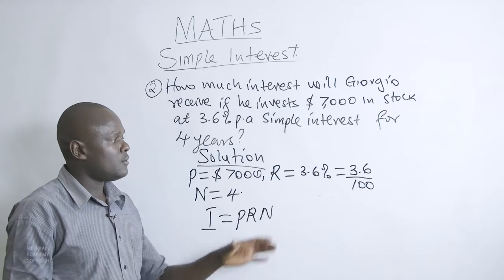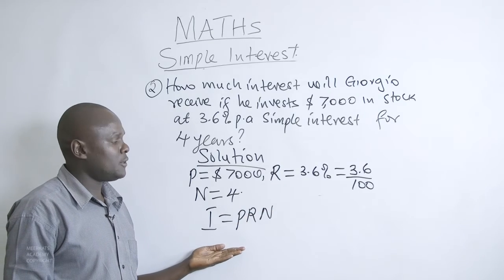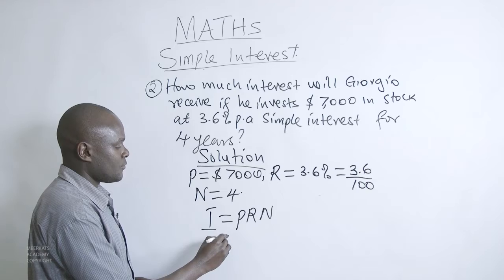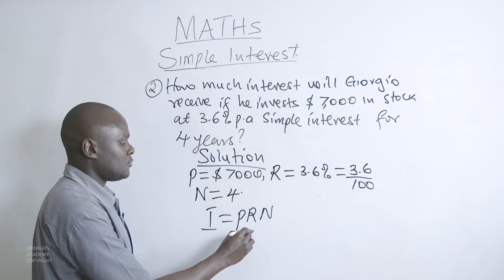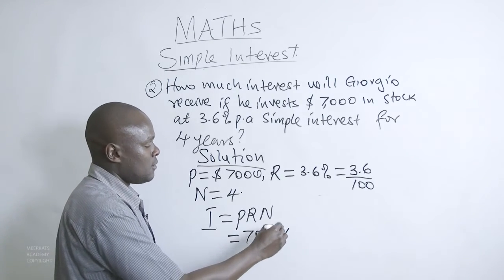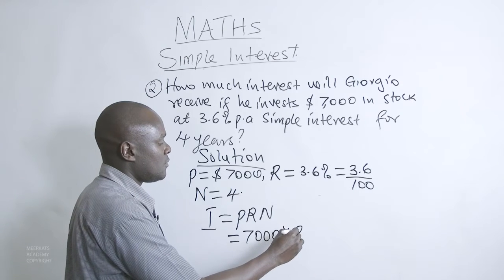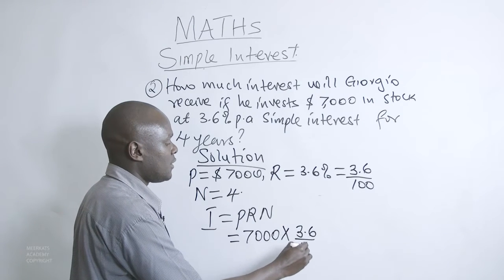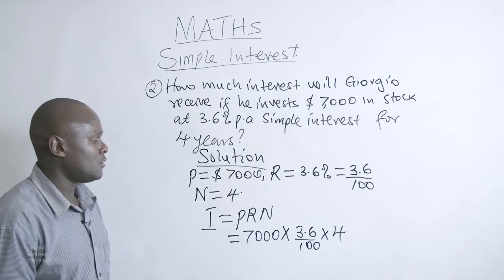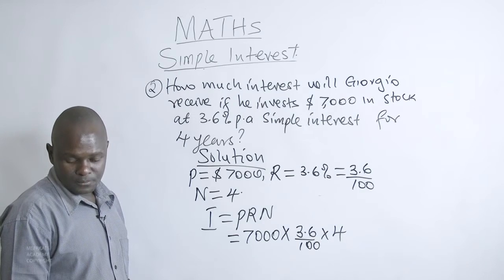Having identified the variables, we write down our formula, then we substitute in the variables. This interest will be equal to the product of 7,000 multiplied by 3.6 out of 100 multiplied by 4, which is the period.